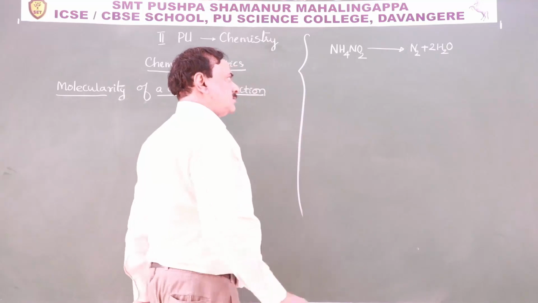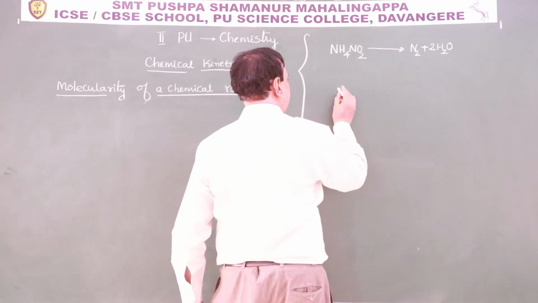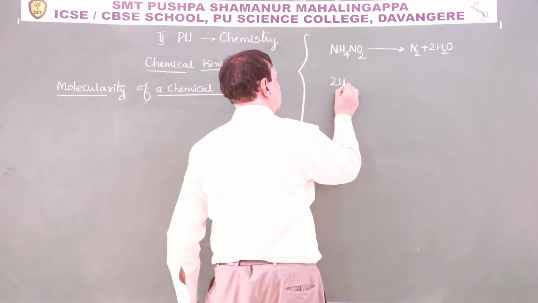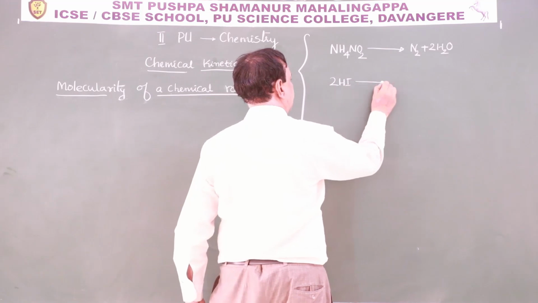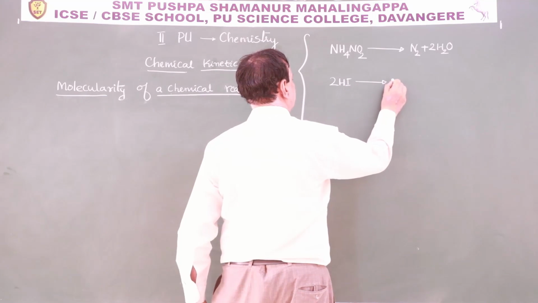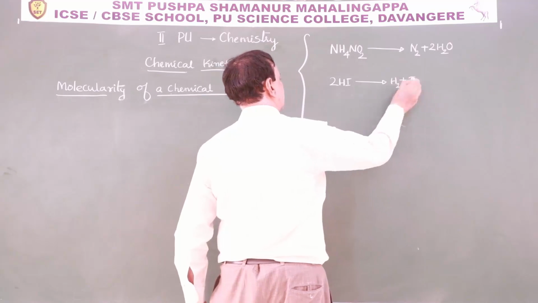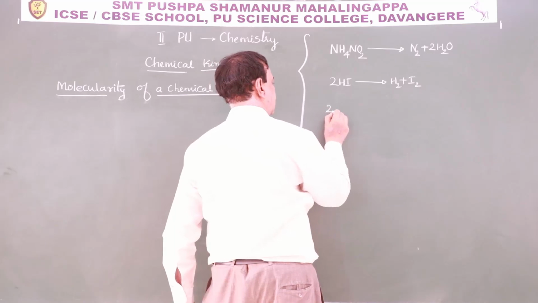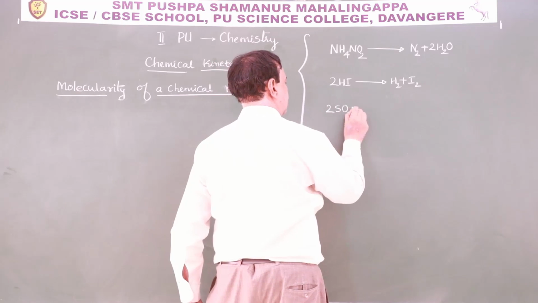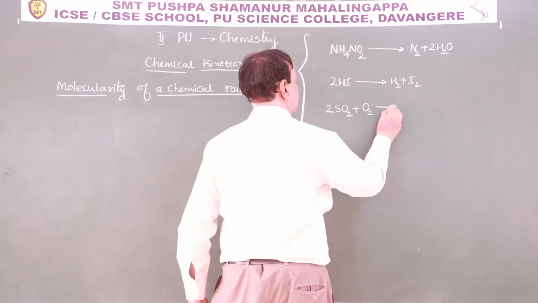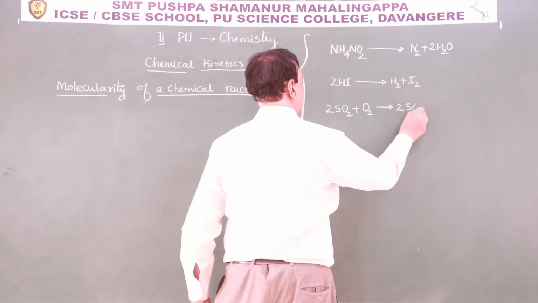Consider the chemical reaction 2HI giving H2 plus I2. Or consider the chemical reaction 2SO2 plus O2 giving 2SO3.